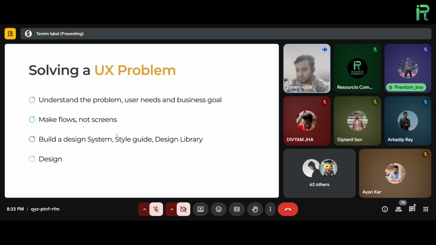And finally we come to business goals. This is not something talked about very often, but it is really important. If you're solving a problem for a business, it needs to achieve a goal. If you are designing a landing page for a business, it needs to bring in more customers.